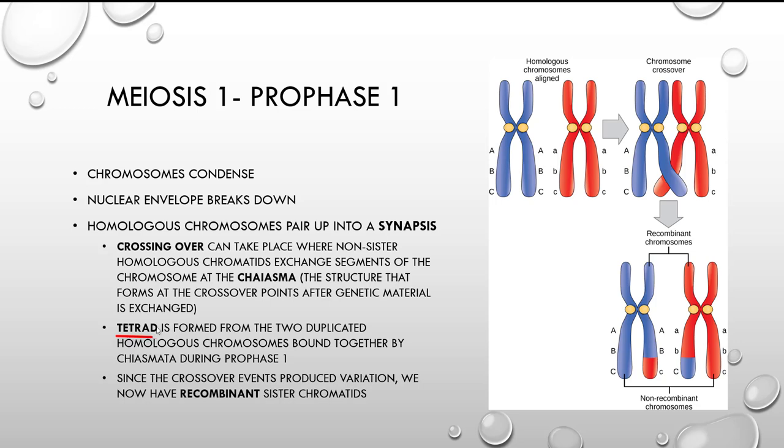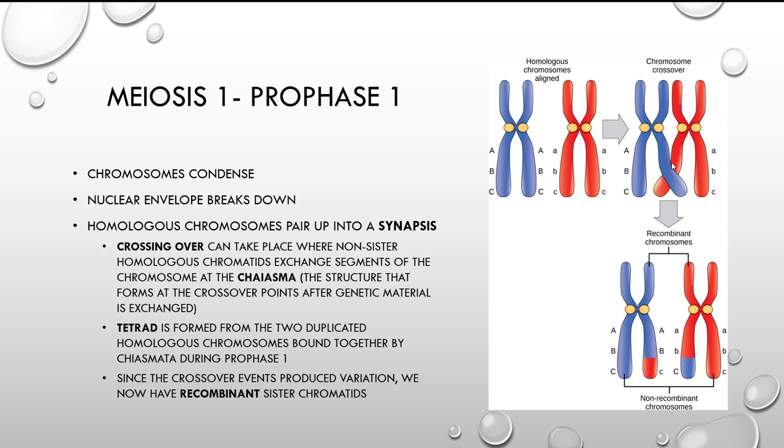So that's called a tetrad. A tetrad is formed from the two duplicated homologous chromosomes bound together by the chiasmata during prophase part 1. So they're held together at this spot right there.